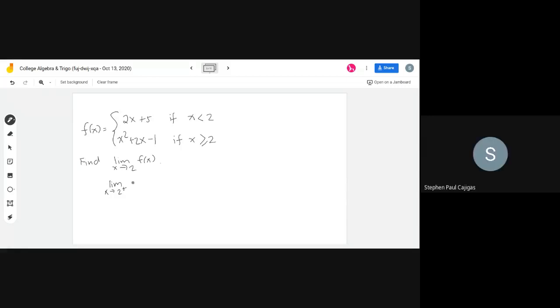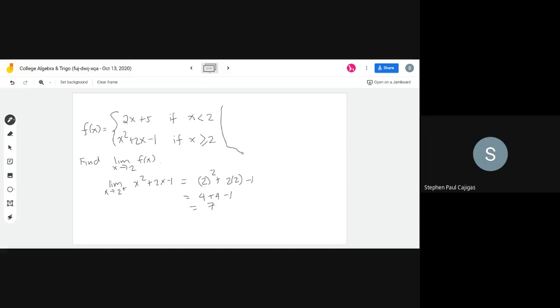The second. So we use x squared plus 2x minus 1. Substituting, we get 2 squared plus 2 times 2 minus 1, which is 4 plus 4 minus 1, so 7.